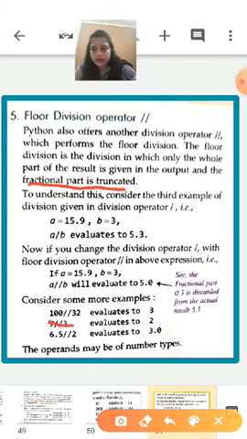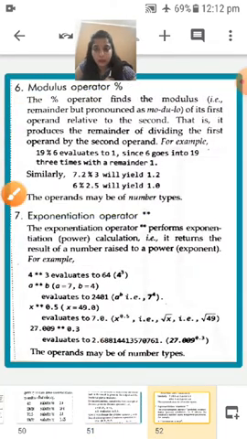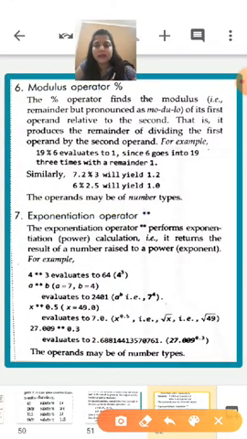Suppose 100 floor division by 32, you will get 3. It means there is something in the decimal also, but floor division ignores that decimal portion. Okay, now let's discuss the modulus operator. The modulus operator's sign is the percentage sign. Now in this we deal with only the remainder part.